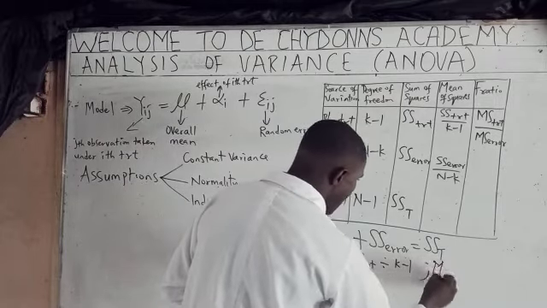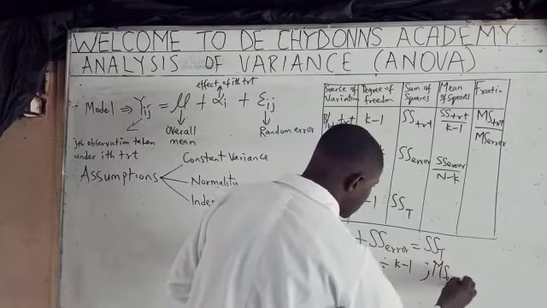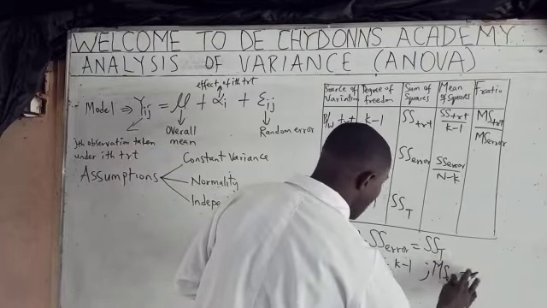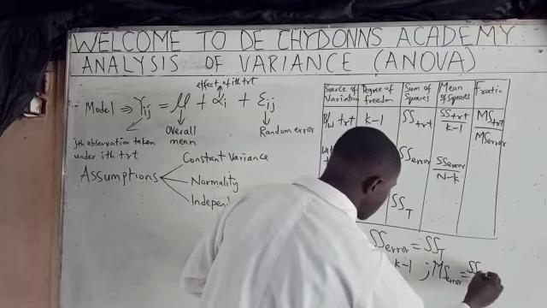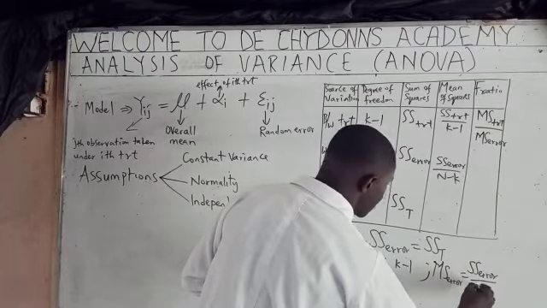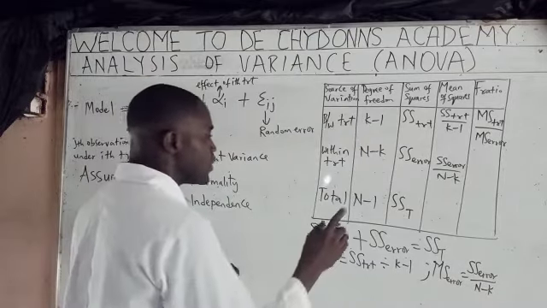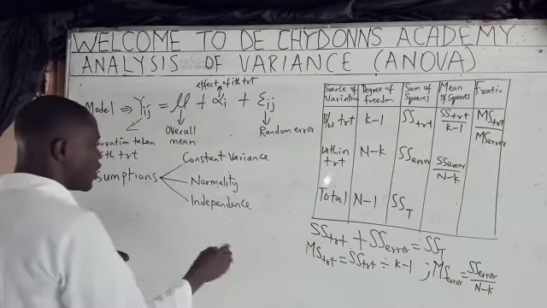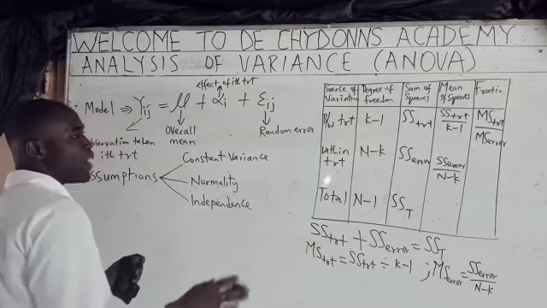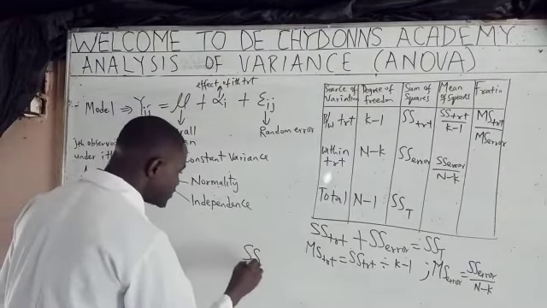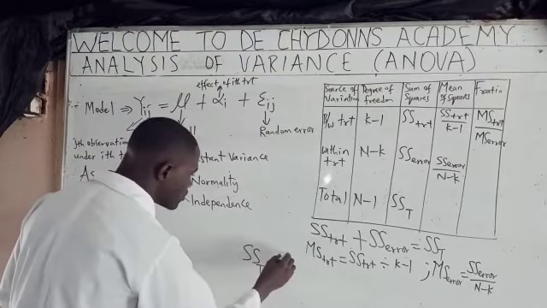Also, MS error simply means SS error divided by n minus k. Okay? Now, we also need to know these formulas for us to be able to compute or solve any question on this.